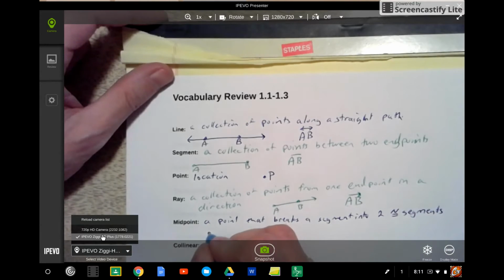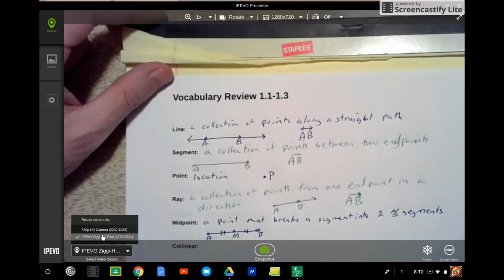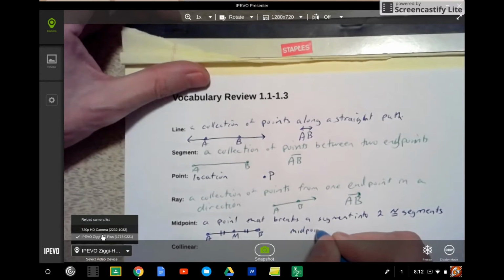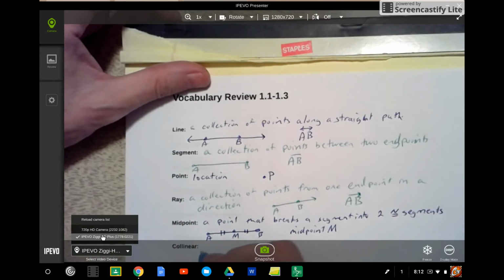So if you've got segment AB and point M is the midpoint, remember we show congruency by putting the little dash marks, okay? Either one on each one, or you could do two on each one of those. Just something to show that it's the same. And we would call that midpoint M, okay?